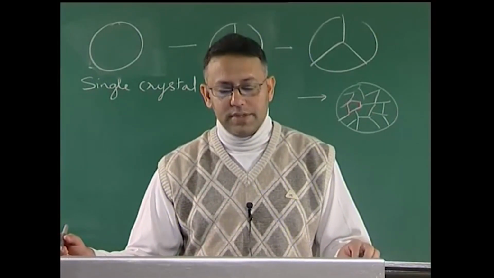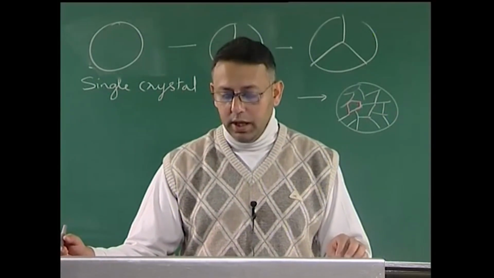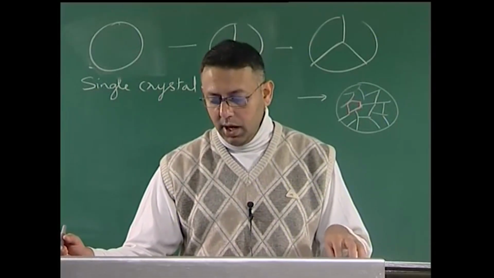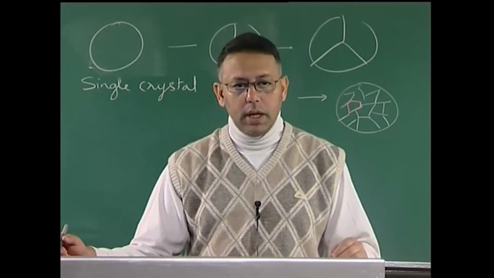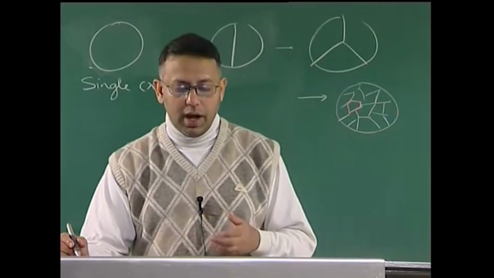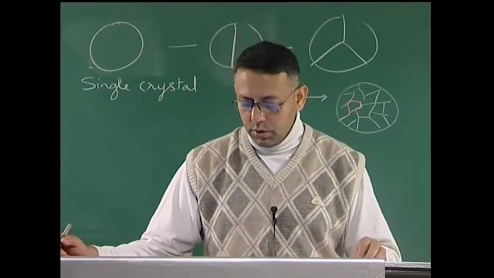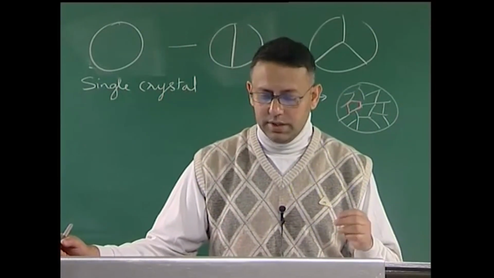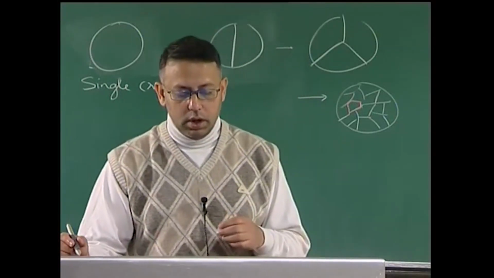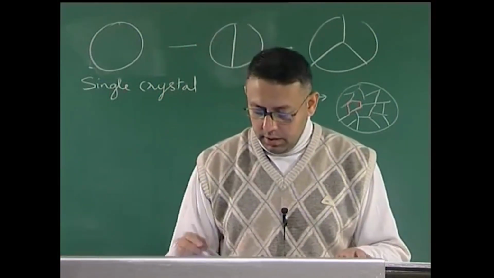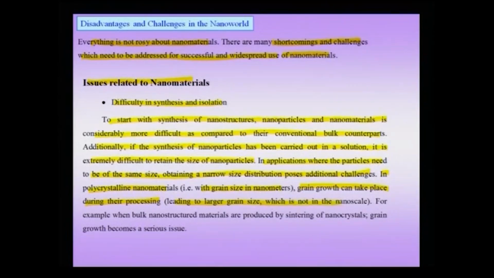This means that even though I have synthesized my nanomaterial, before I even put it into application, I would see that the grain size would have increased, and I am no longer having a nanostructured material, but I would be having a grain size which could have already increased to a micron size, and this would imply that the nanoscale has been destroyed.